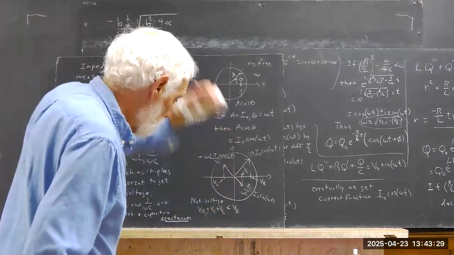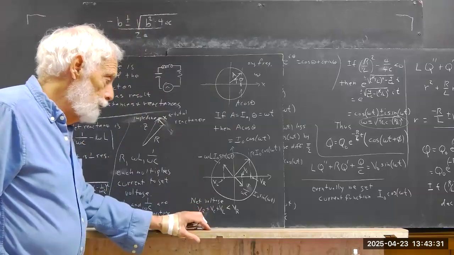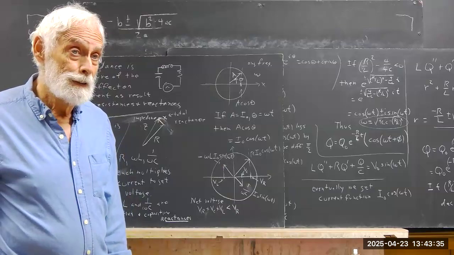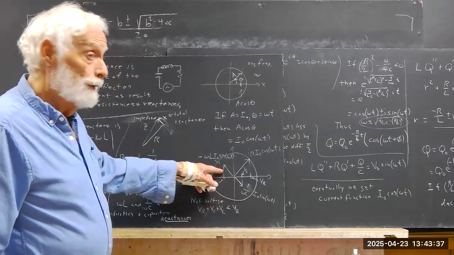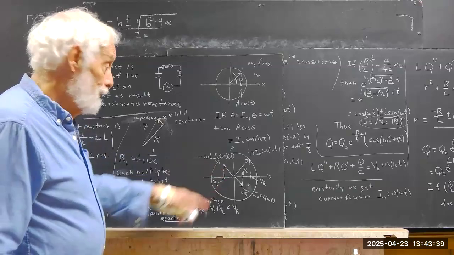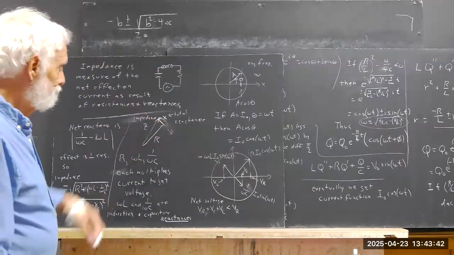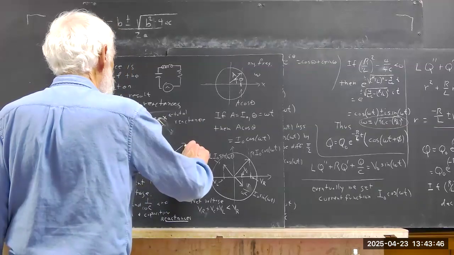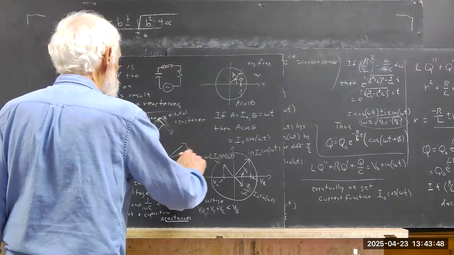You can play around with this picture now. If you have a greater capacitive reactance and a lesser inductive reactance, then of course you have a picture that looks like this.